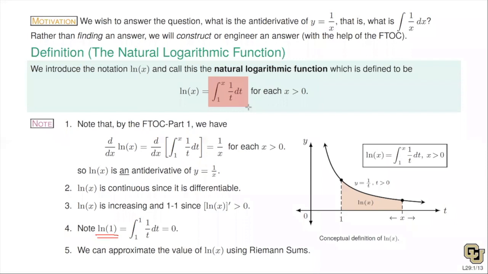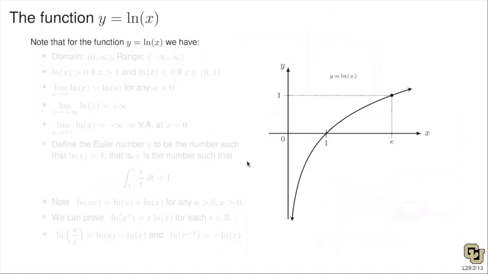So we've done everything from scratch, and we can say this is a bona fide input-output machine. You give me an x value, I'll find the limit of the Riemann sums and find that value, and that'll be the output. So we have a bona fide function, and now we have to learn all the properties of the function.